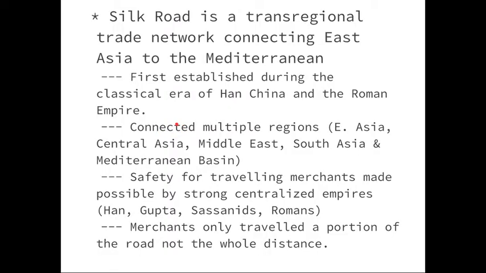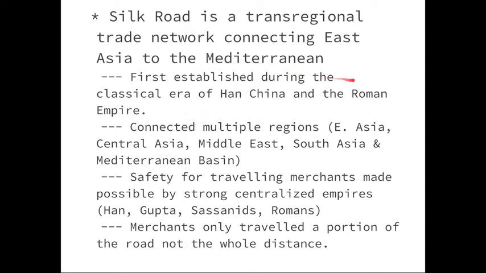So this connection, it's not really a road like an expressway or highway. It's basically just a series of connections, of rest stops along the way, of people willing to allow merchants to travel through their territory and pay taxes, of course.